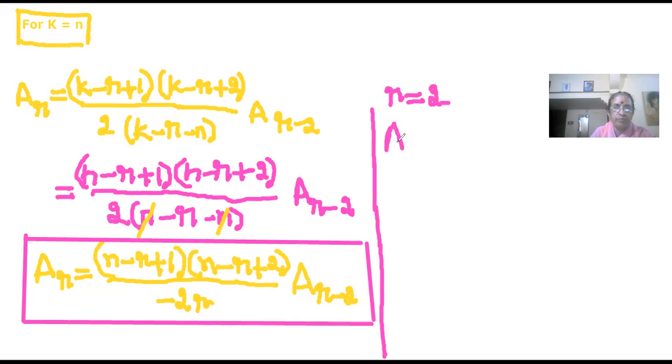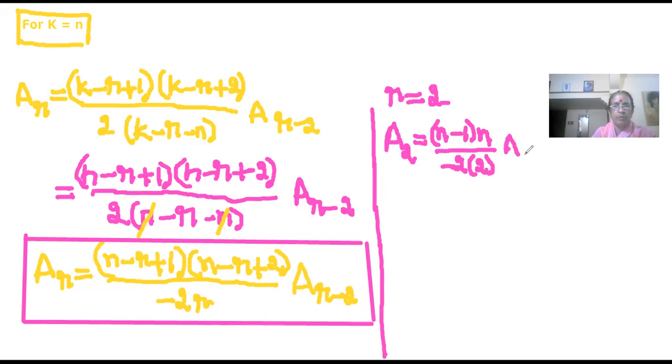A2 equal to, N minus 2 plus 1, that becomes N minus 1, and the next term is N minus 2 plus 2, that becomes only N, whole divided by minus 2 into 2, into A R minus 2.